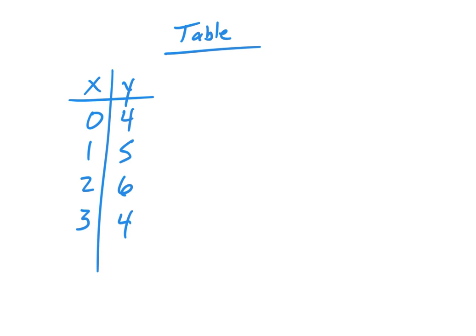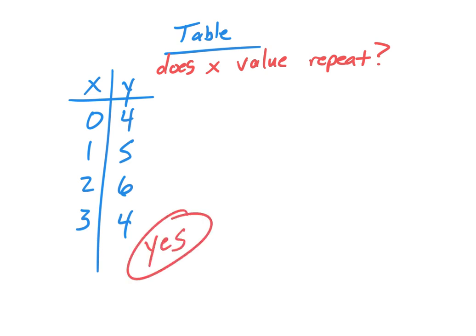And the question that you're really going to ask yourself is, does the x value repeat? We don't care about the y value, okay? The y value has nothing to do with if this is a function or not. All of my x values are different, so if that is the only points that are in this relation, then we would say yes, it's a function.